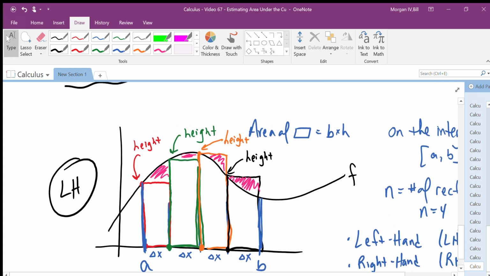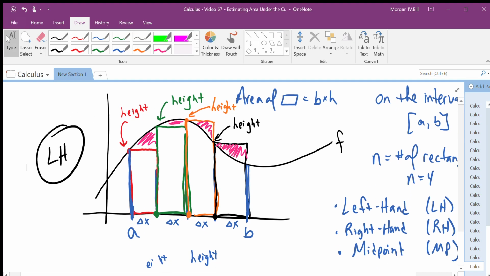Okay, so we have the same picture as above. Let's talk about how, using left hand, can we make this more accurate? How can we have less of that pink shaded error region where I'm underestimating or overestimating? And the answer is, the way we become more accurate is by having more rectangles.